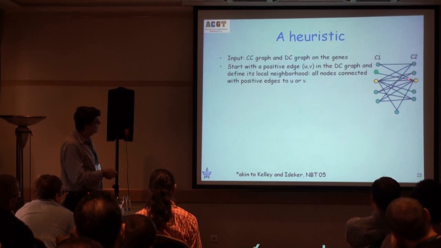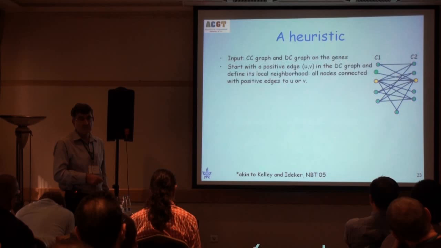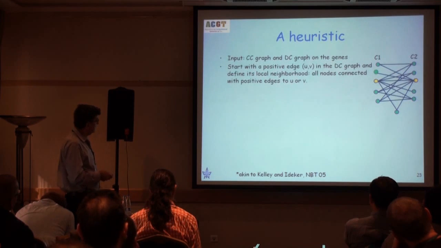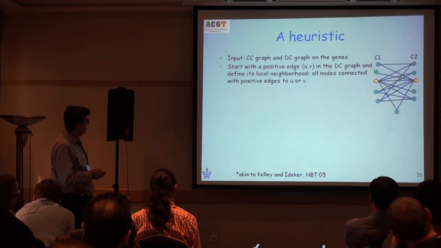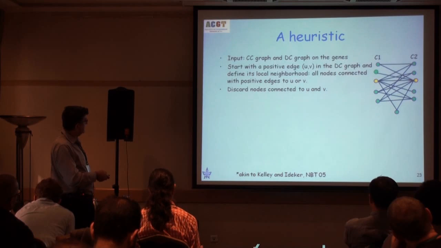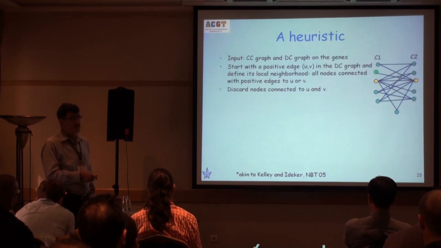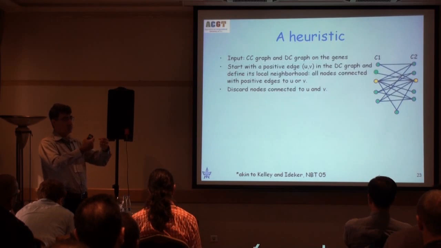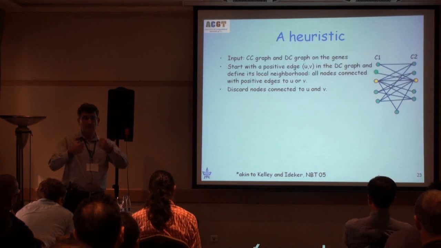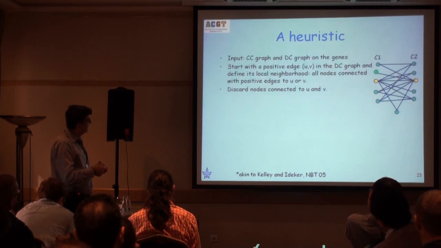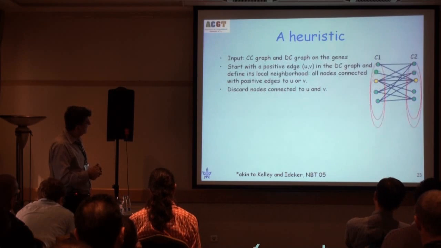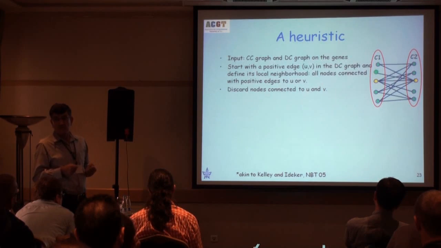Now we take the local neighborhoods of each of these two genes, and this is our starting object. For such an object, we first of all discard nodes that are connected to both U and V. I remind you that what we want is two sets so that there will be many blue edges between them, but many red edges within each set.